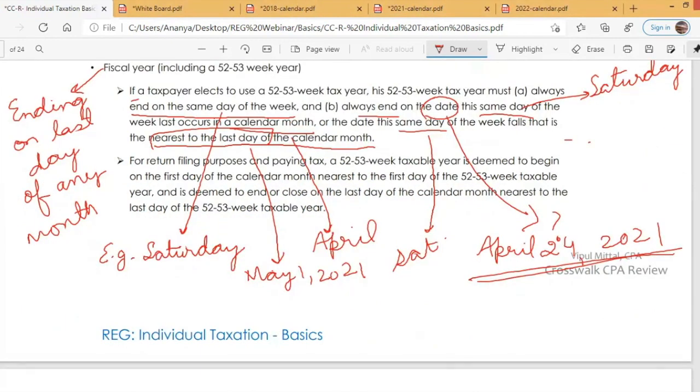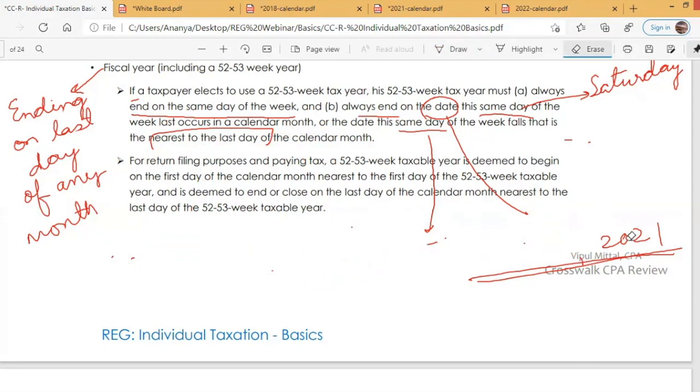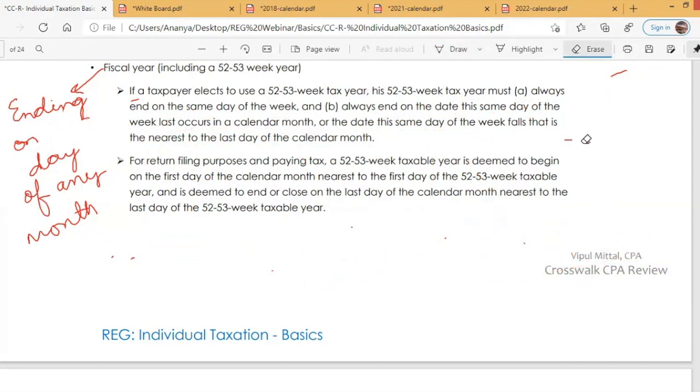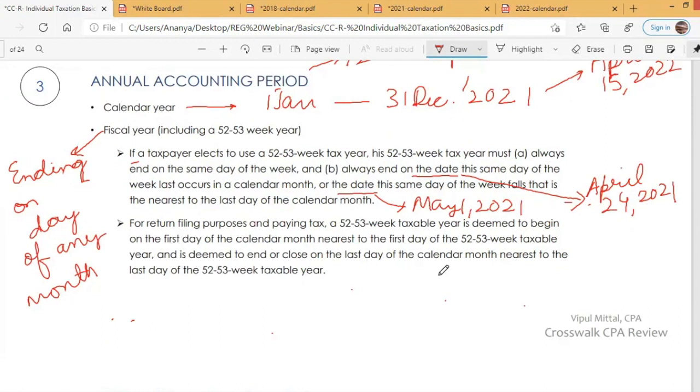So your 52-53 week tax year will either end on April 24th, 2021 or May 1st, 2021 in this example. In this example, you have to decide when you want your tax year to end.